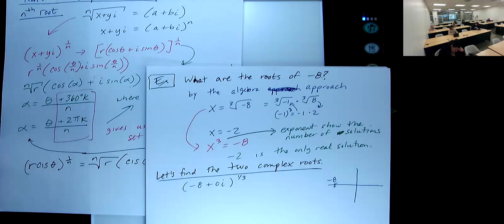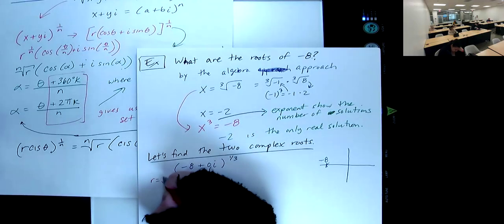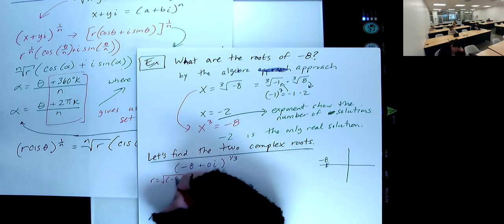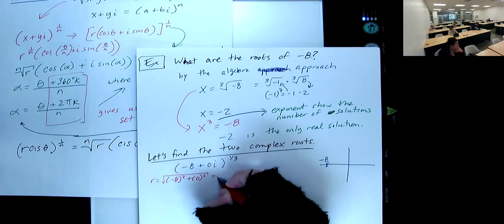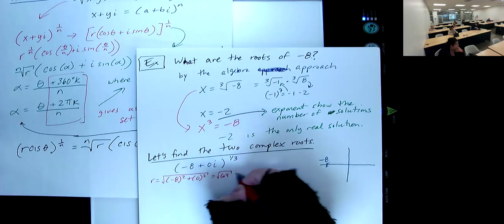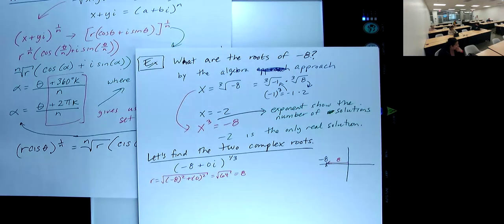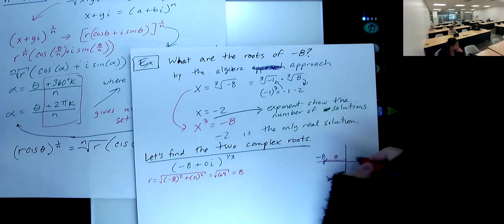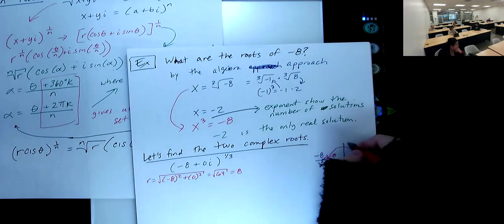If you need to, we can find r by doing the square root of -8 squared plus 0 squared, which is the square root of 64, which is 8. If you drew the picture, you would see that it's 8, without having to use any triangles or anything, it's just a straight shot. What is the angle there? 180.